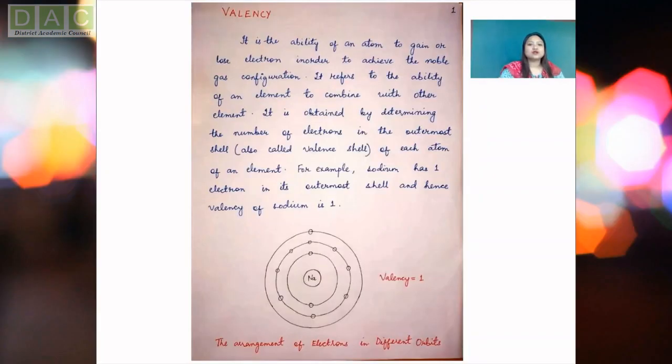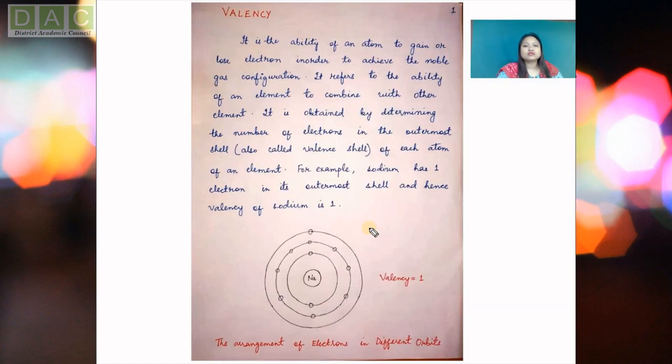In order to calculate the valency, we need to know the atomic number and electronic configuration. For this we can give the example of sodium. The atomic number of sodium is 11 and the electronic configuration is 2.8.1. So there is one electron in the outermost shell.